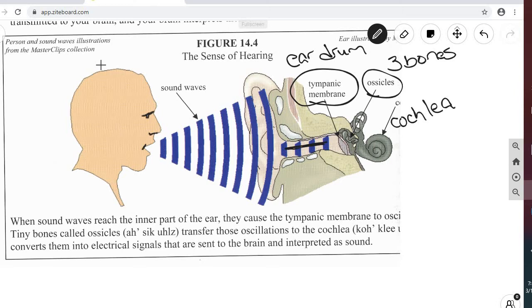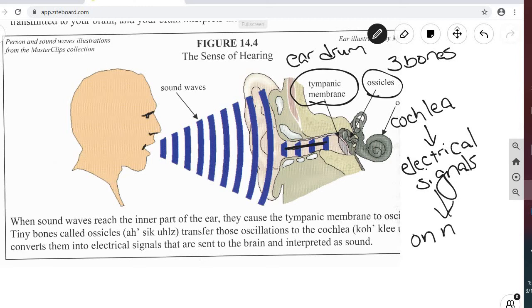And what the cochlea does is change those vibrations into electrical signals. Those electrical signals are then carried on nerves to the brain. And then our brain interprets those sounds.